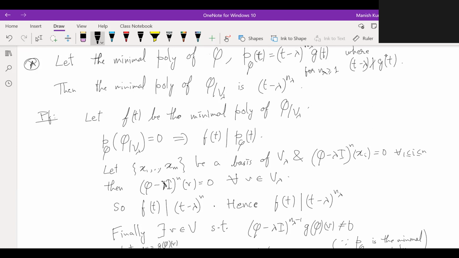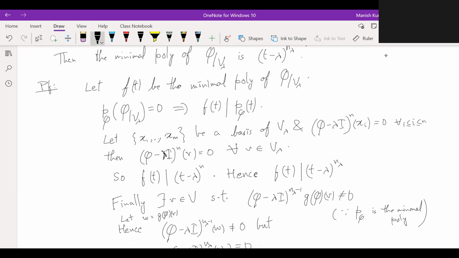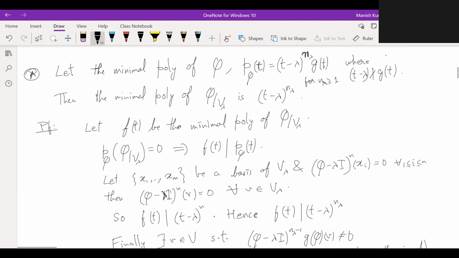So now we also have to check that (t minus lambda) to the power n lambda divides f(t), and then we'll be done. Now you take a vector v such that (t minus lambda) to the power n lambda times g(t) is the minimal polynomial of phi on V. If I decrease this factor, so if I take (t minus lambda) to the power n lambda minus 1, that's not the minimal polynomial of phi.